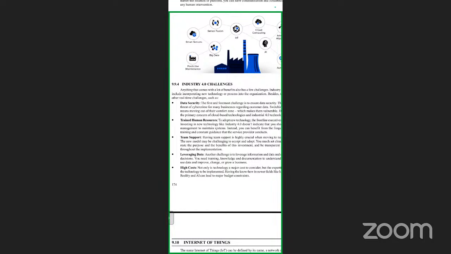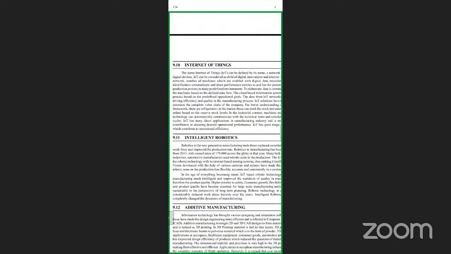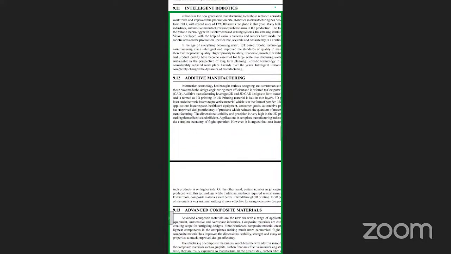Because there is a lot of risk for the data. That's the foremost challenge in front of industries. And next are training human resources, team support, leveraging data, high cost. Then we have IoT, that's Internet of Things, intelligent robotics, additive manufacturing, advanced composite materials.